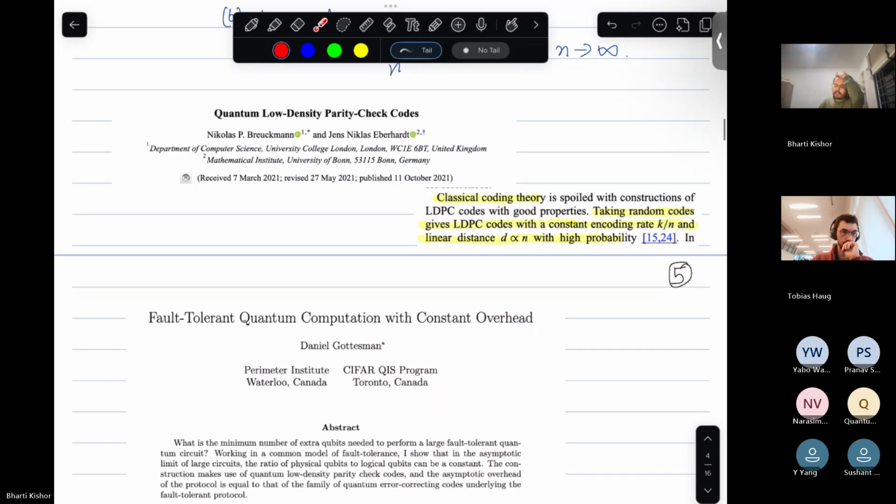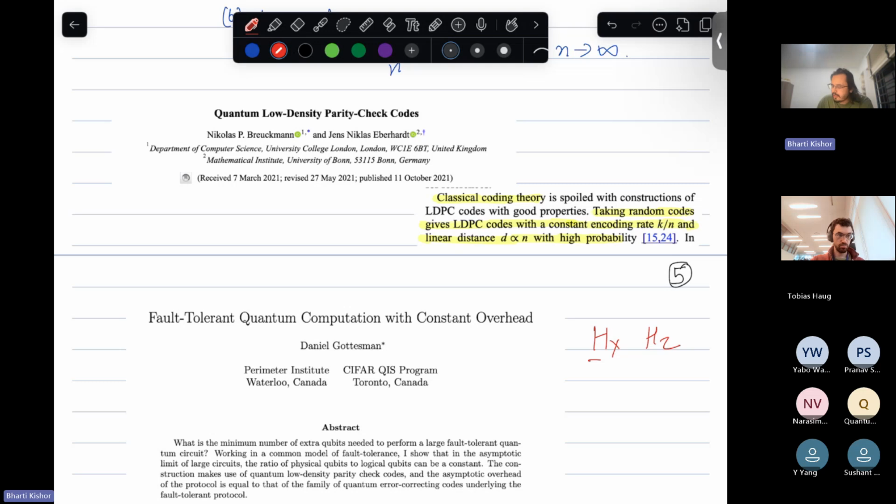Now in the classical setting, getting good LDPC codes was very easy. You take a random parity check matrix, and that has good parameters, with linear distance and linear encoding rate. But if you remember, for a CSS code, let's say you take two classical check matrices, HX and HZ.